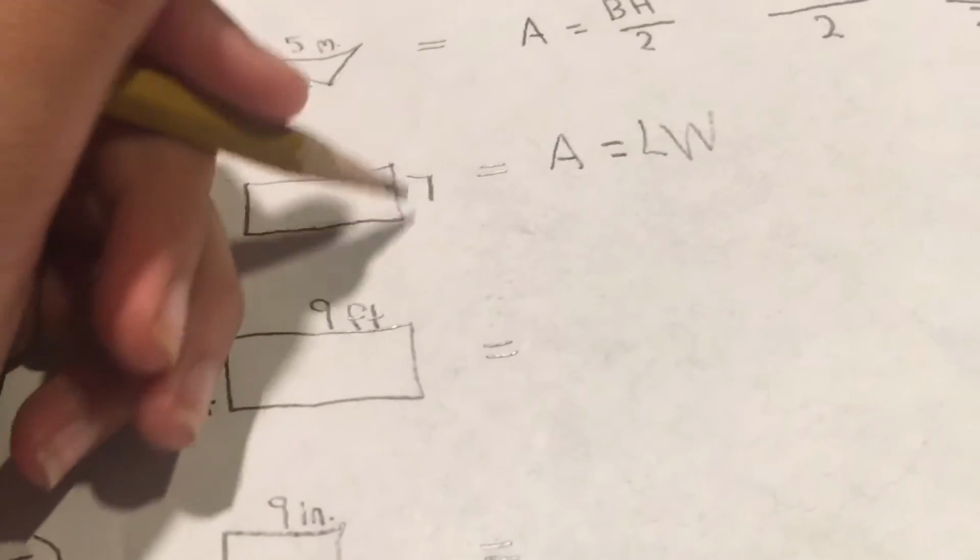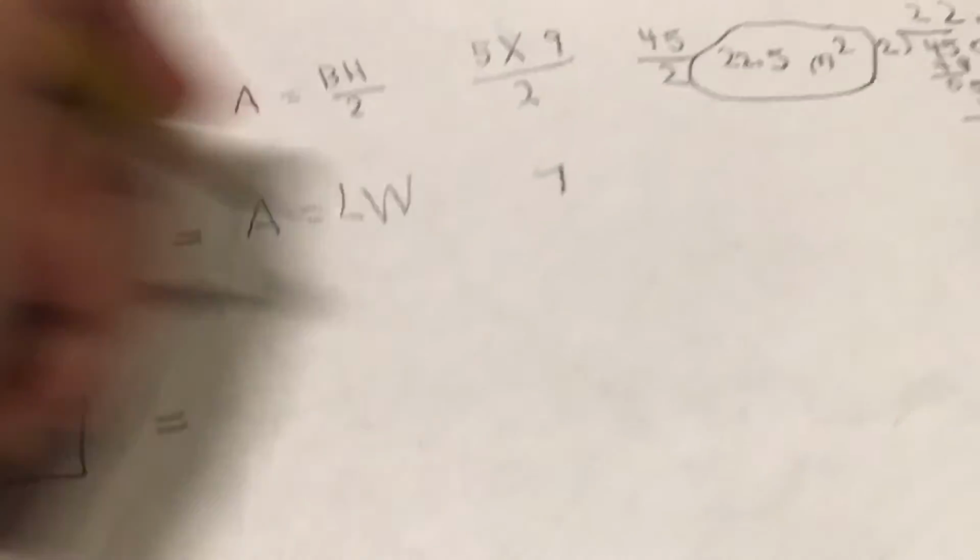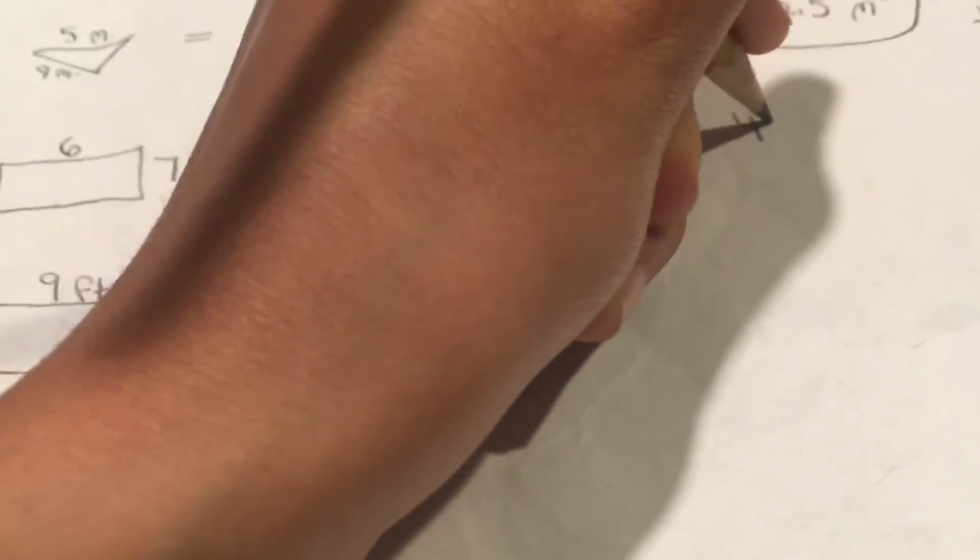The length in this case is 7, and then we have our height, which is 7. Wait, no, I got it wrong. It's 6. Perfect. Good thing you guys got me. 7 times 6. And if you multiply that out, you get 42.